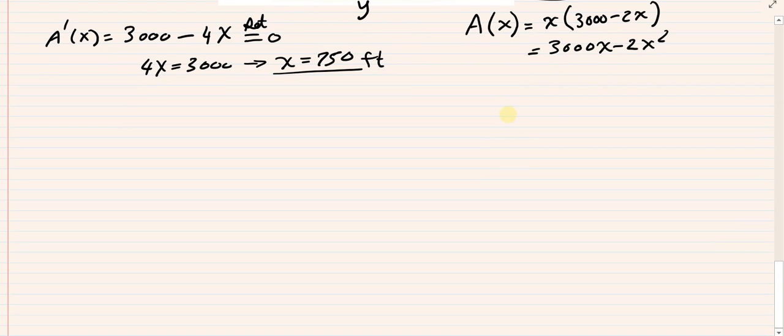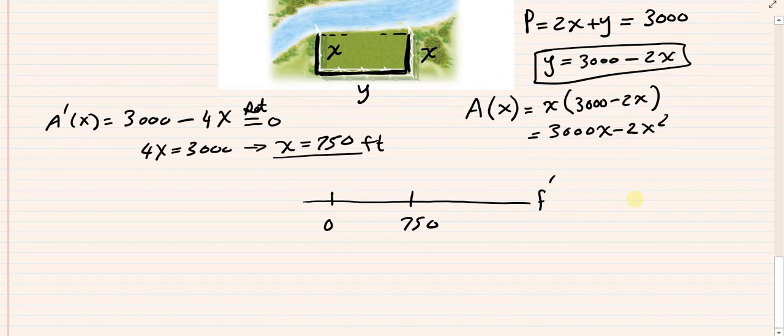Now, just because we have a critical number, by the way, I'm not going to say, oh, there you go, that's the answer. We're not done with this. We have to go through the process. So this is my first derivative, A prime, and remember the sign chart we're creating, and suppose this is 750, here is 0. Now for this one, because we're talking about geometry, x has to be positive.